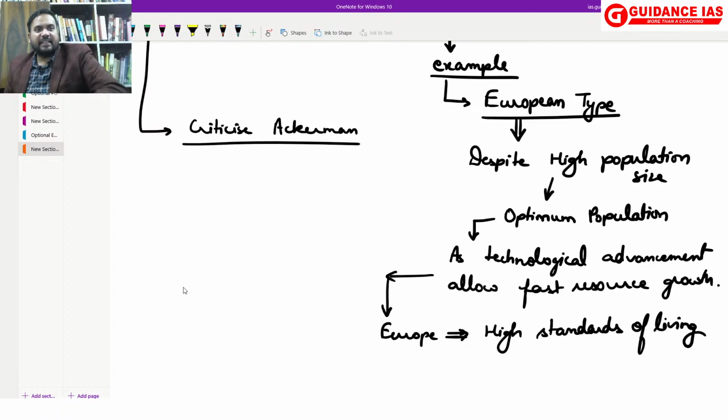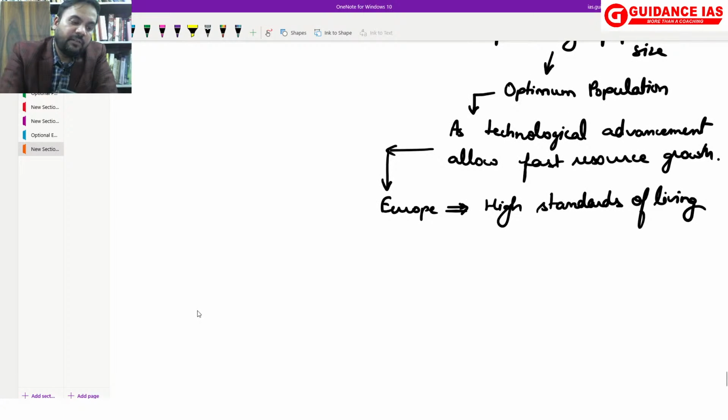So can we say that Ackerman improves upon the narrow view of Malthus? Yes or no? Does he not improve upon the constrictive, the narrow view of population resource presented by Malthusians? Okay. So we can definitely say thus he improves upon.